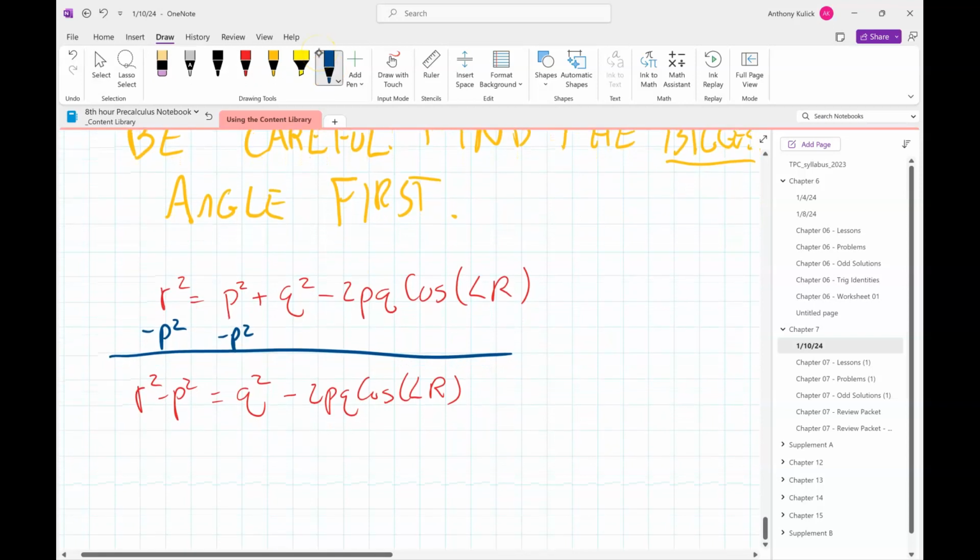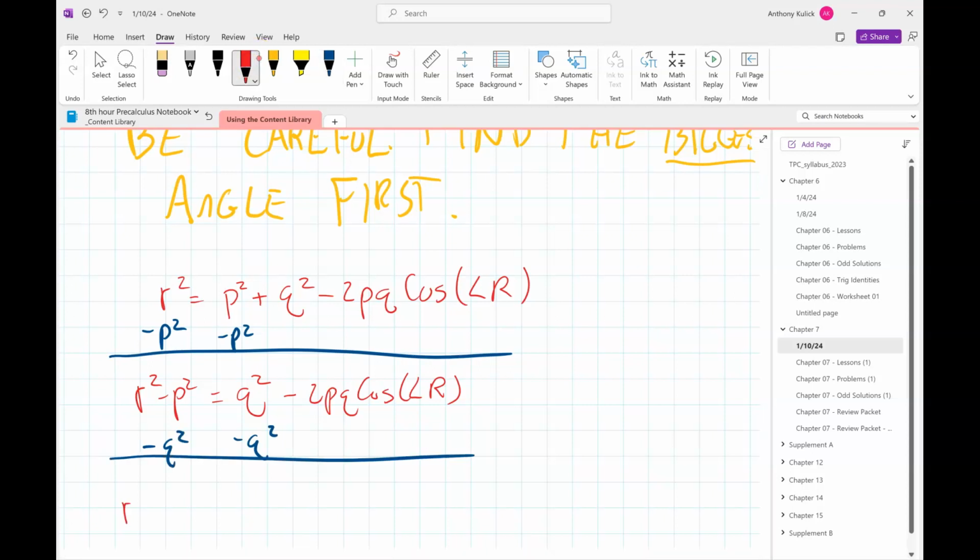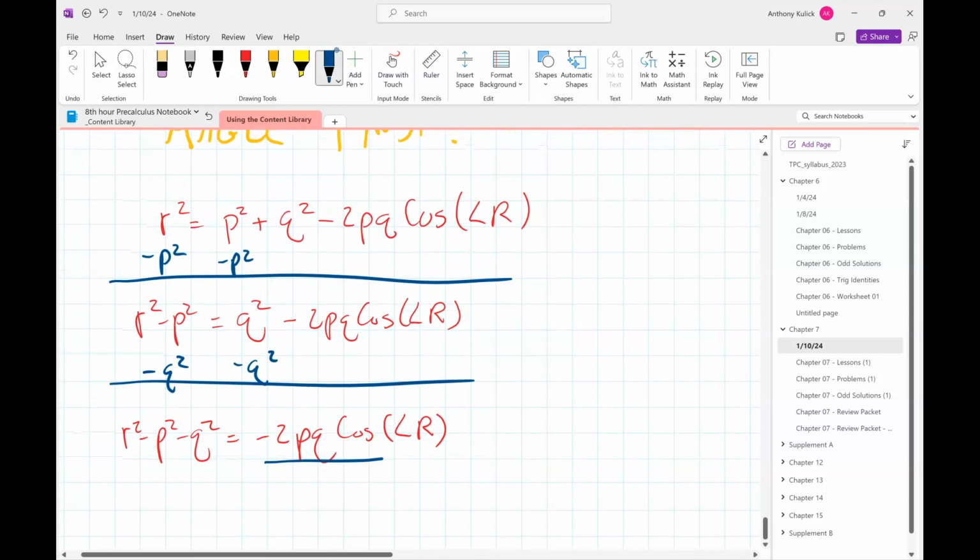Everybody's okay there? Then we'll subtract q squared from both sides. So far, so good. And then we'll divide both sides by negative 2pq.